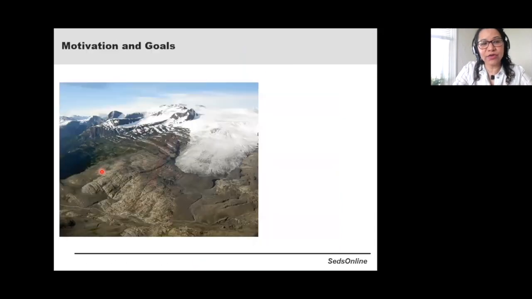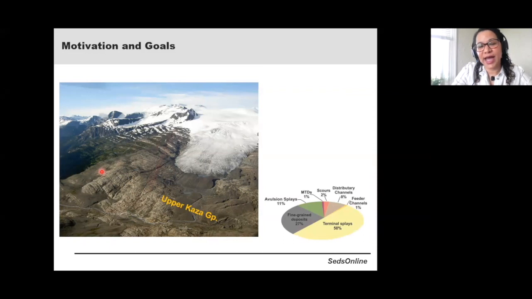What motivated this project is that, based on all the work done here in previous years with different students, and also in my master's, we knew the main elements that had been recognized.